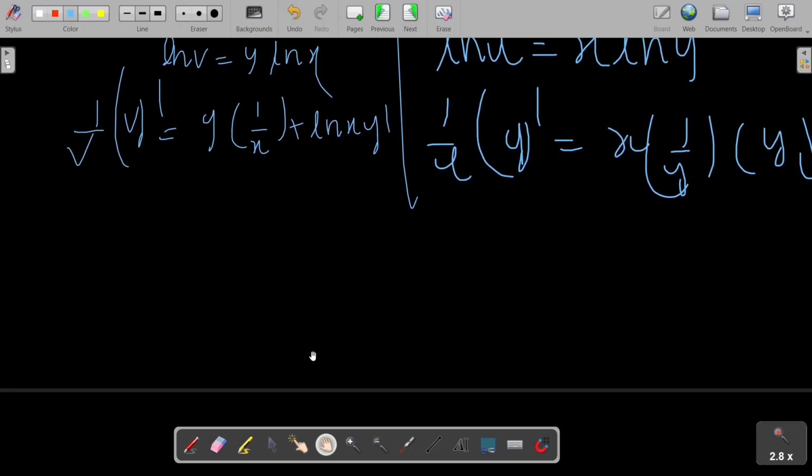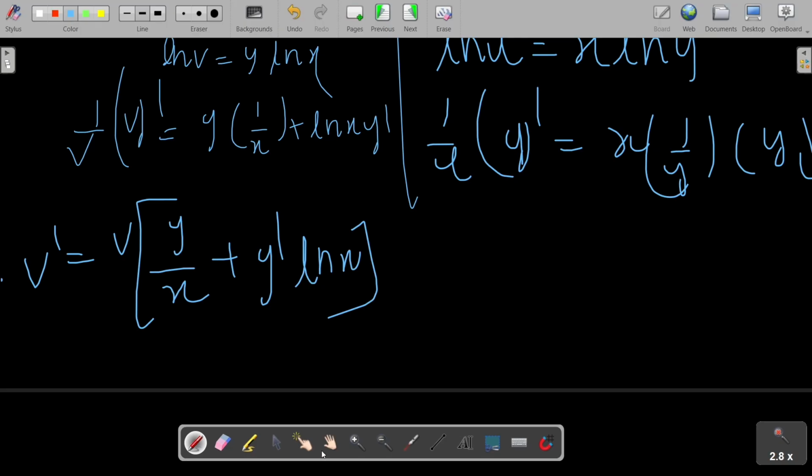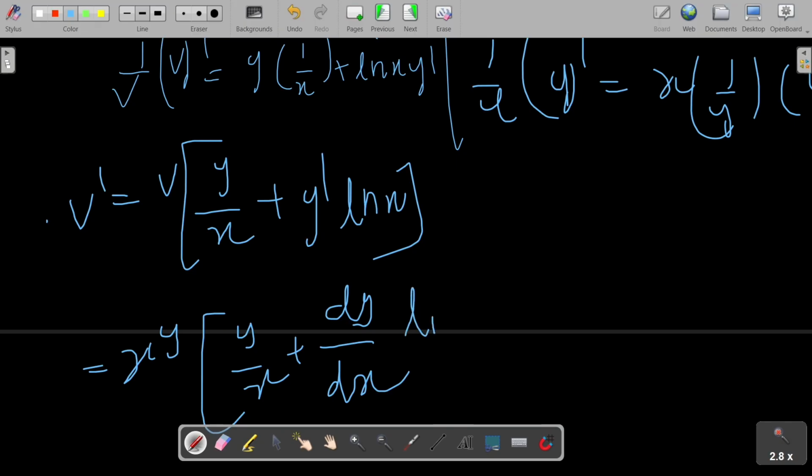Okay, so we got these things right here. So we need to find v prime. We know that v prime is equal to this v times y over x plus y prime ln x. V is x power y, so this is x power y times y over x plus dy by dx times ln x. Let me write that.